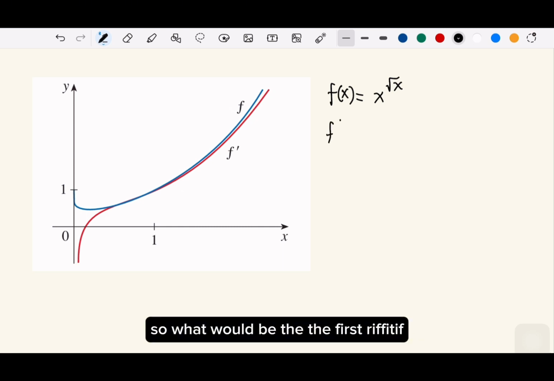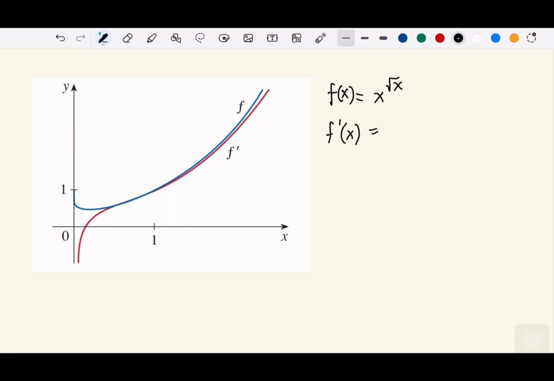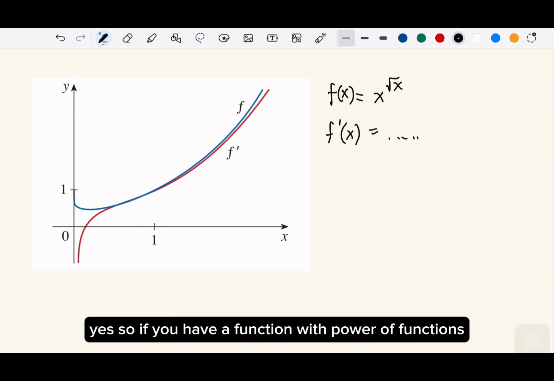Next is this one. So what will be the first derivative, and how do we find it? Yes, the logarithmic method.